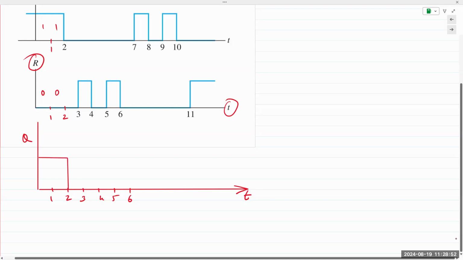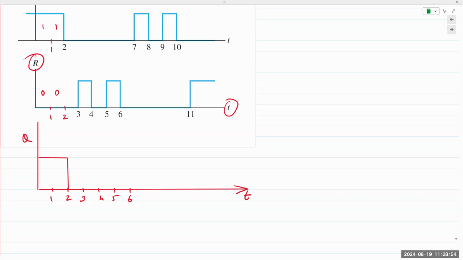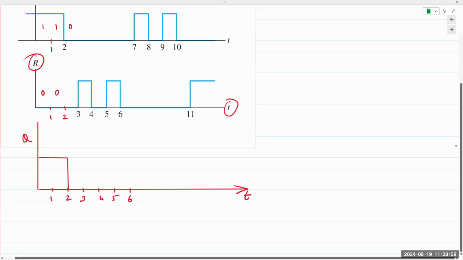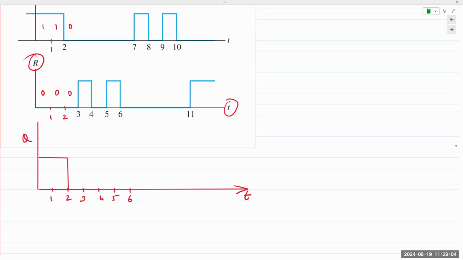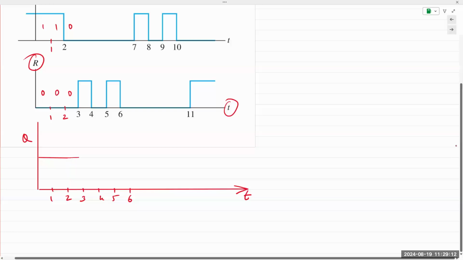Then between 2 and 3, my inputs are 0, 0. What is my output? Previous state. And previous state is 1. And so even for 3, my output remains high.